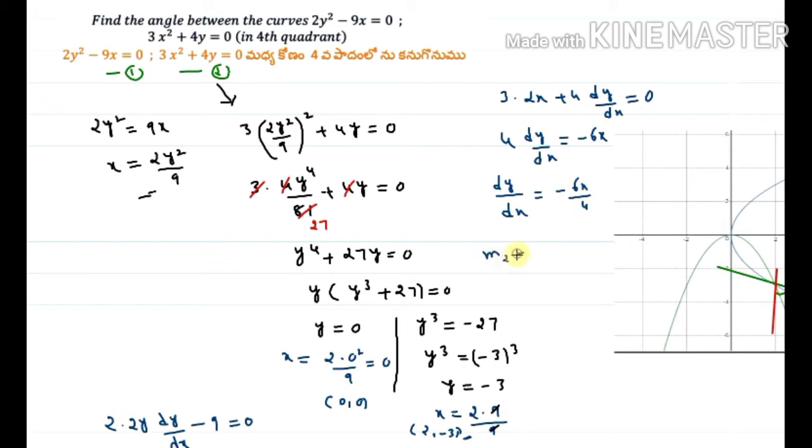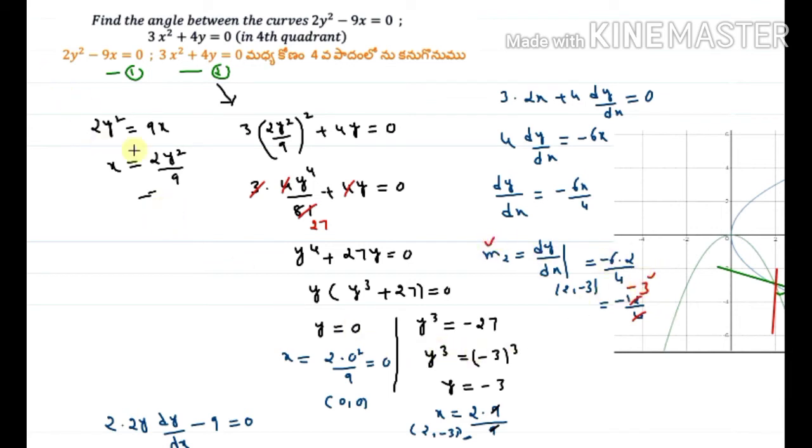Now m2 is equal to dy by dx at 2 comma minus 3. Substitute minus 6x with x as 2, divided by 4. So minus 12 divided by 4, I will get this as 4 1 ja 4 3 ja. Now I got m2 as minus 3.